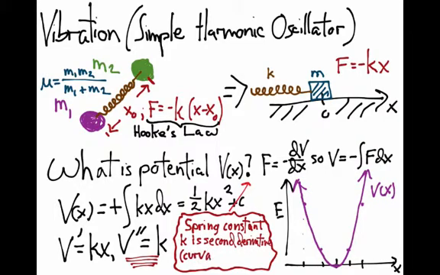So you're going to see a lot of times that we look for the curvature of the potential energy surface, and we sometimes call that the spring constant. We do lots and lots of taking second derivatives of this potential energy surface, and we'll see this later on when we go to construct molecules. So that's very, very important. The spring constant k is the second derivative of the potential energy.